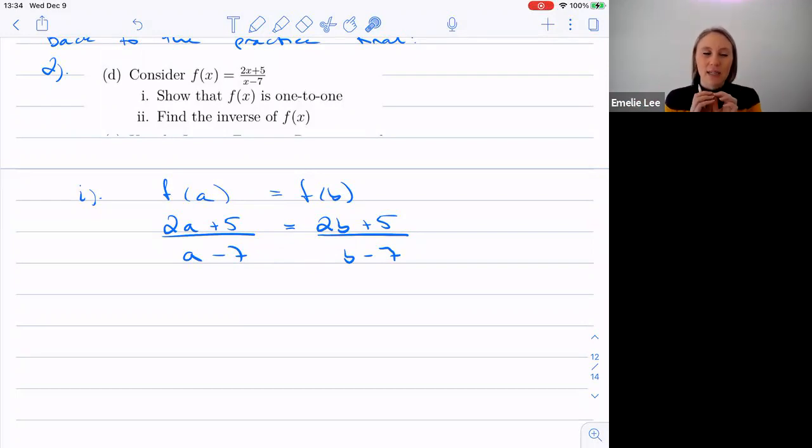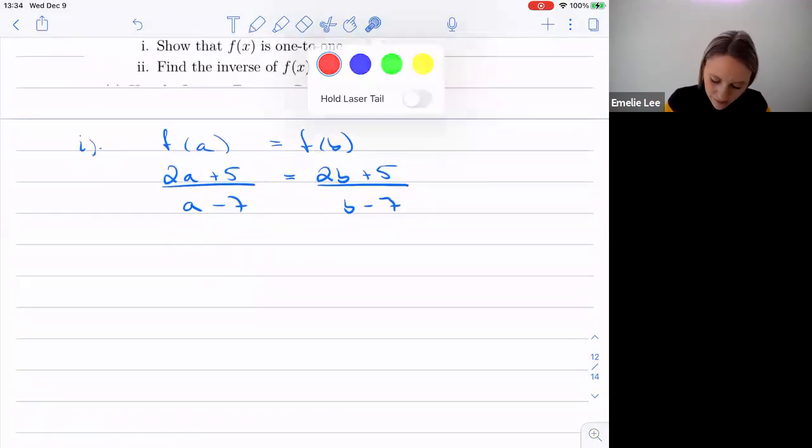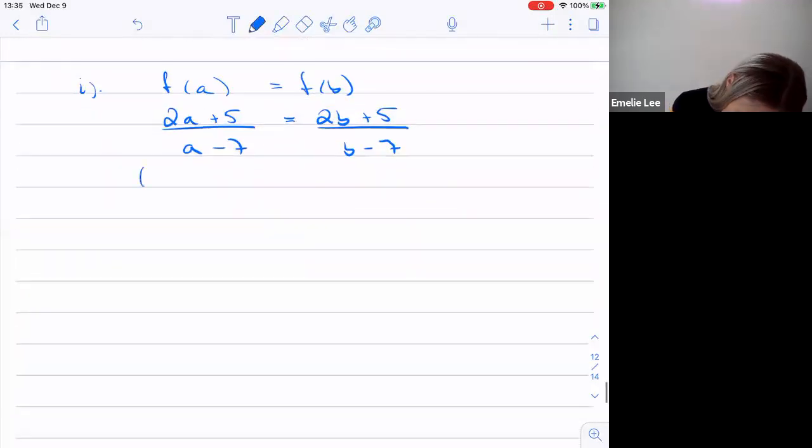And in the end, I'm going to end up at a equals b. For me, I always just prefer, and you have lots of options, right, to move the left denominator over to the right-hand side and the right denominator over to the left-hand side. And so I end up at 2a plus 5 times b minus 7 is 2b plus 5 times a minus 7.